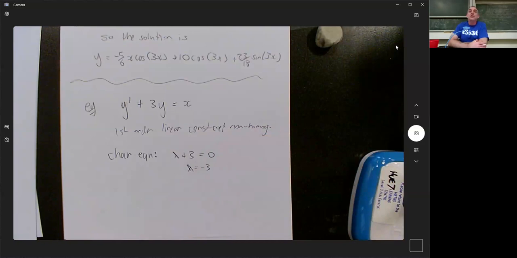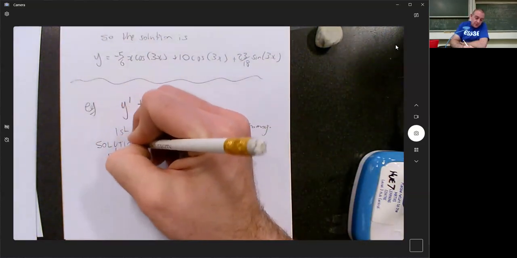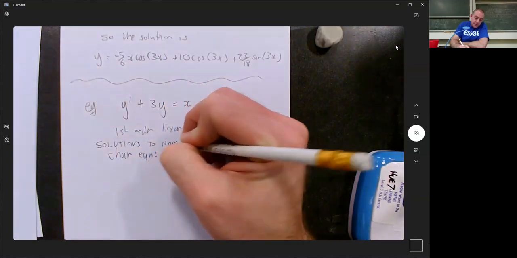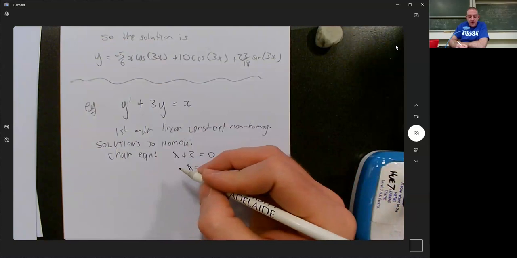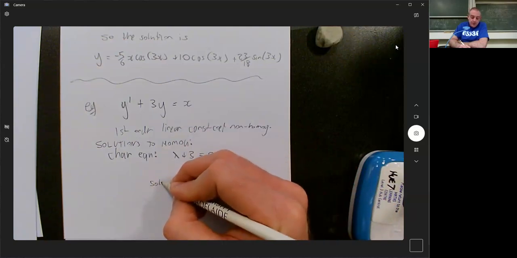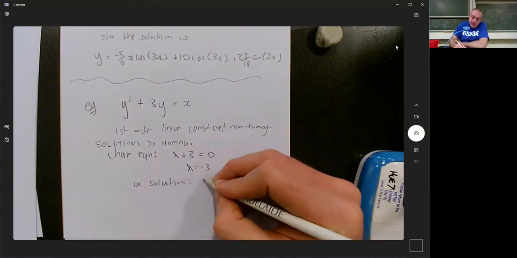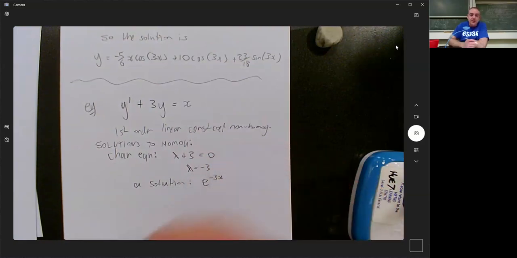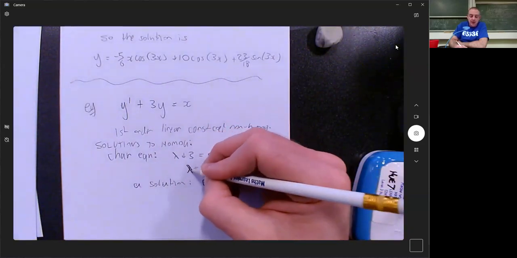And so the solutions to the homogeneous version: a solution will be e^(-3x), because that's what you do when you get a lambda equals number. You go e to the number x.